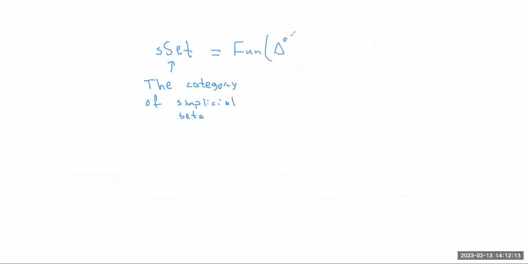So if we define the simplicial sets, the category of simplicial sets, we define it to be the functor from delta opposite to set.